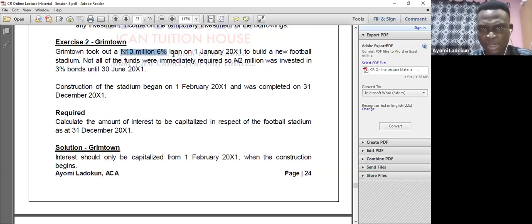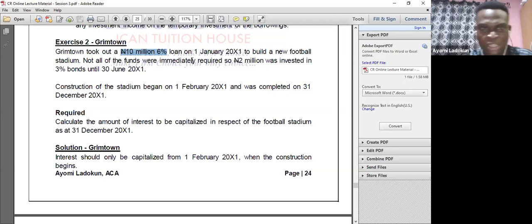Okay, so you get a figure. That means it's for the whole year. So you now multiply by 11 over 12 to get the actual amount to be capitalized. The 1 over 12 of the answer, that's 1 over 12 multiplied by 600, should give you 50,000, which will be expensed. You get the point? It will be expensed.